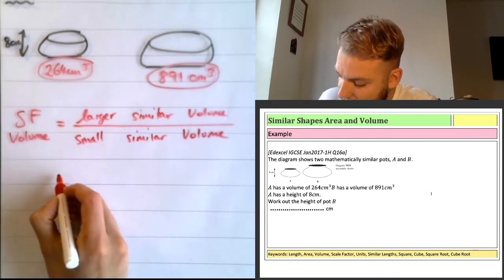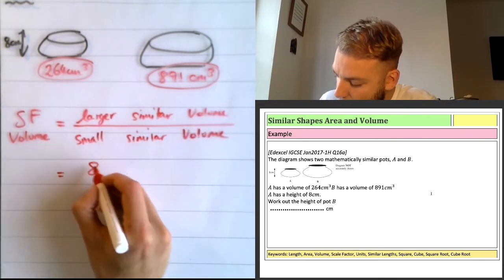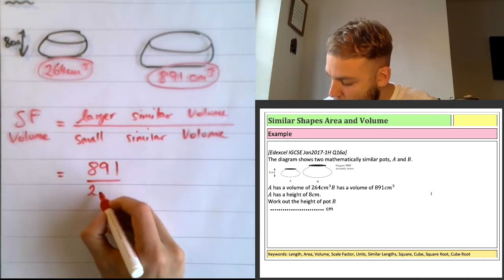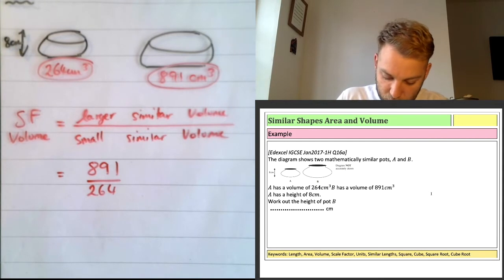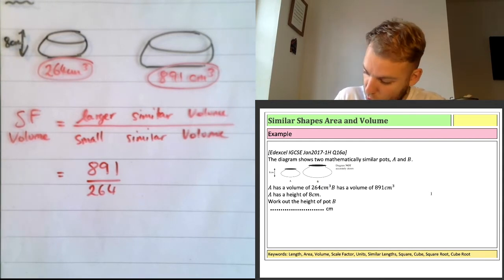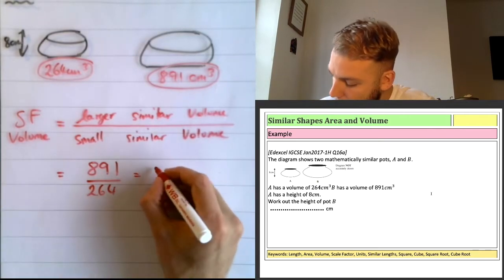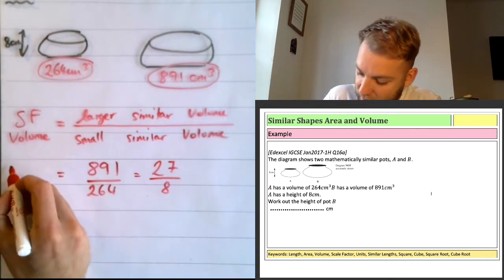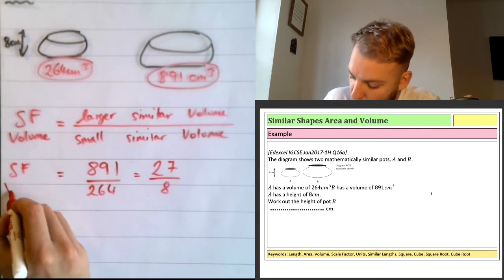And in this case, that's equal to 891 divided by 264, which is equal to 27 over 8. So this is the scale factor for your volume.